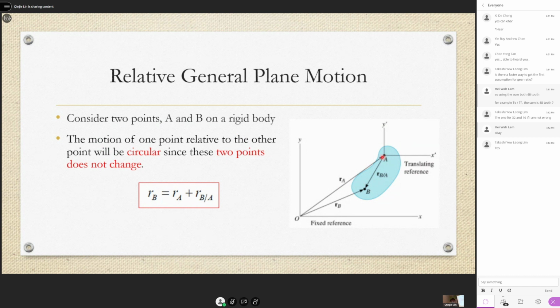Let's say you are standing on point A, you don't care how this whole object moves. If you are standing at point A and you look at point B, point B will only rotate around you. Point B cannot move away from you. If not, the object will break apart, correct? That's what point 2 is trying to say. The motion of the point relative to the other point will be circular.